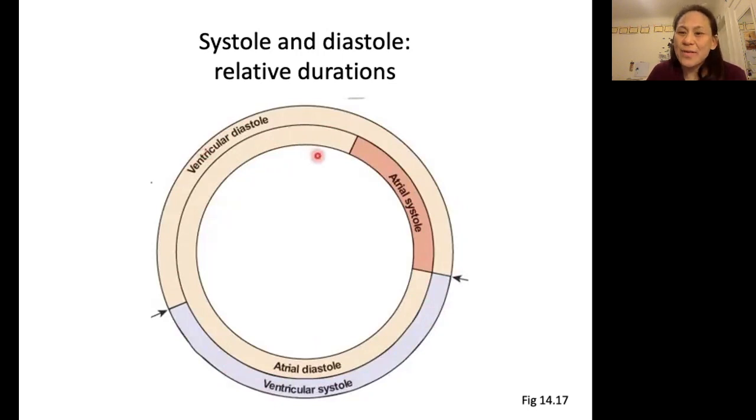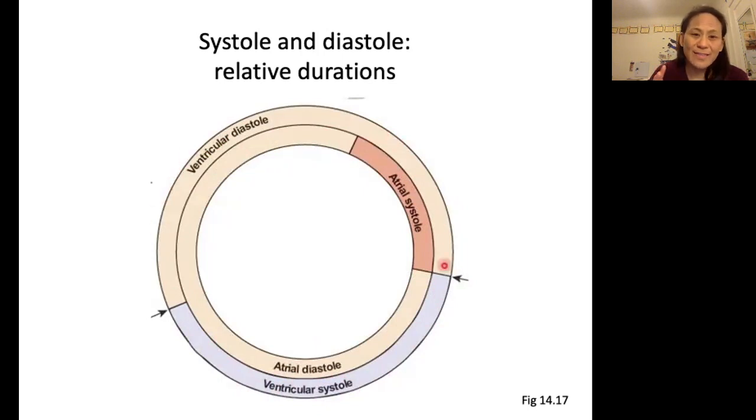For the atria, we have systole that lasts this long, and then diastole that lasts this long. For the ventricles, systole is going to last this long, diastole is going to last this long.